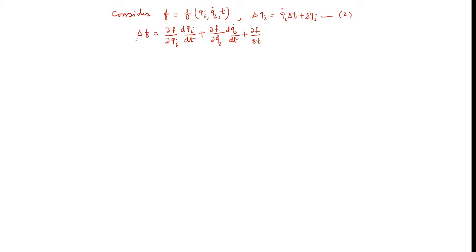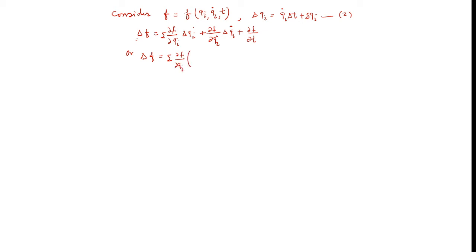I should write it in another way, then it would be more clear: partial f partial qi delta qi, partial f partial qi dot delta qi dot, and partial f partial t delta t.